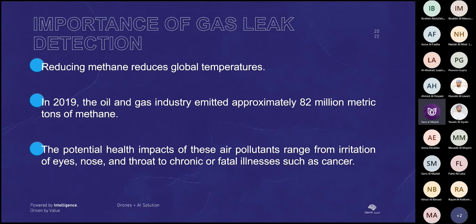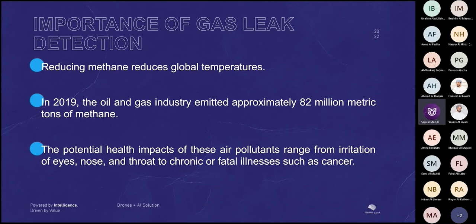So if we are reducing methane, we will reduce the global temperature. And according to the European Commission's methane strategy, reducing 50% of global methane emissions over the next 30 years could reduce global warming by 0.18 degrees Celsius, which would be a great thing to achieve.